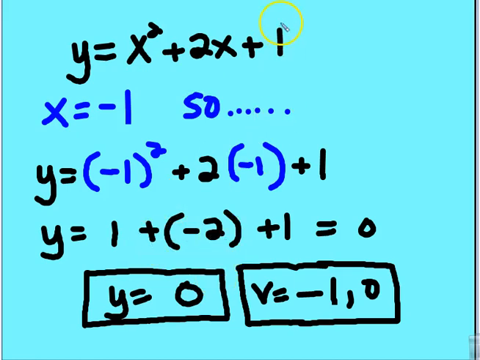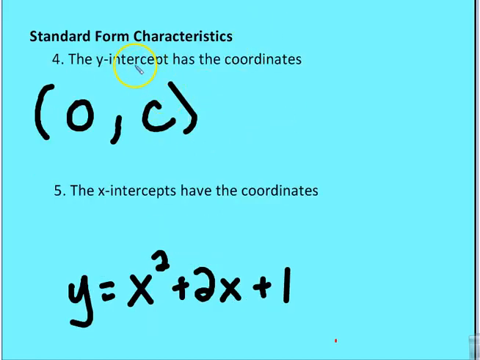Here is the math behind what I just did. All right, so the y-intercept is very straightforward for standard form. It's just 0, c, which is going to be 0, 1. And then we're going to find the x-intercepts. There are 2 ways we can find the x-intercepts. One is to factor, and the second is to use the quadratic formula.